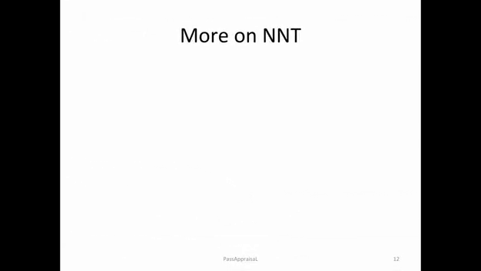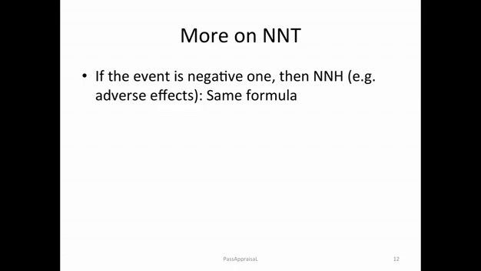So a little bit more on NNT. If the event evaluated in an RCT is a negative event, for example, development of an adverse effect, then NNT is termed as NNH, number needed to harm. The formula is the same. It's the inverse of ARR. Note that NNT or NNH can never be a negative value.